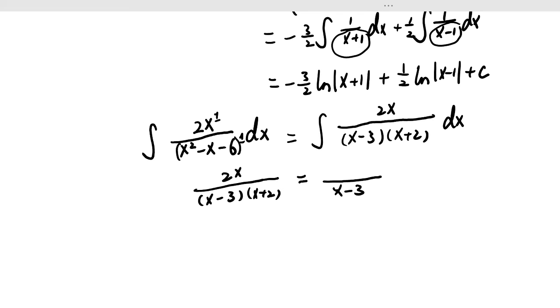We don't care about the x on top because when I do partial fractions, I have to follow the rule: if it's a linear function, I give A. If it's an x squared function, I have to give Ax plus B. That's it. Now we have 2 fractions set up.